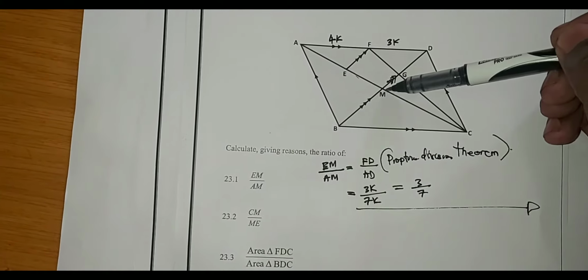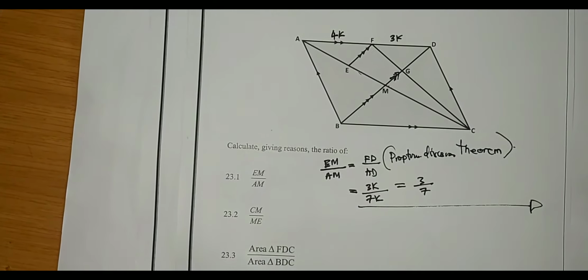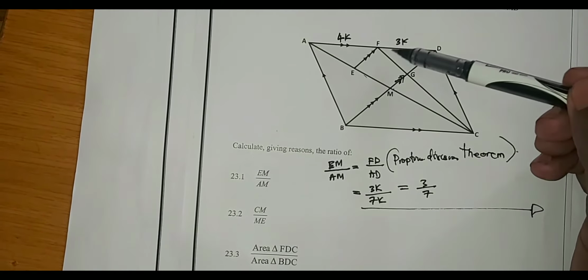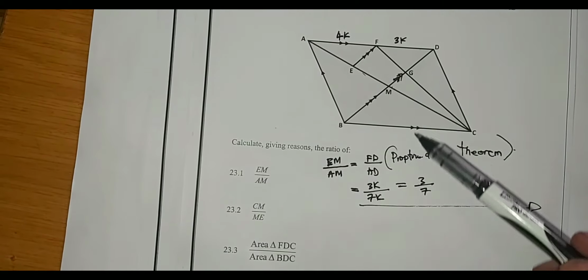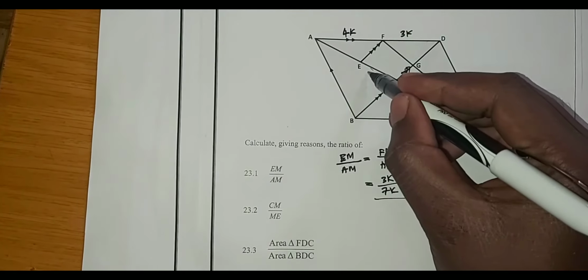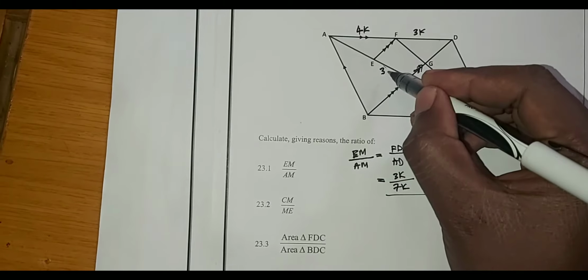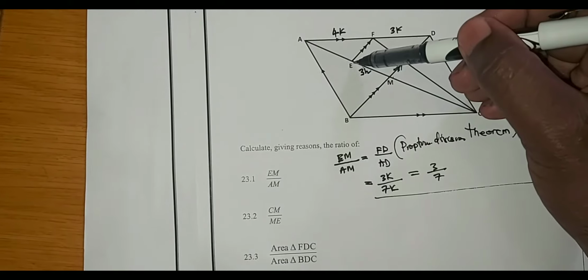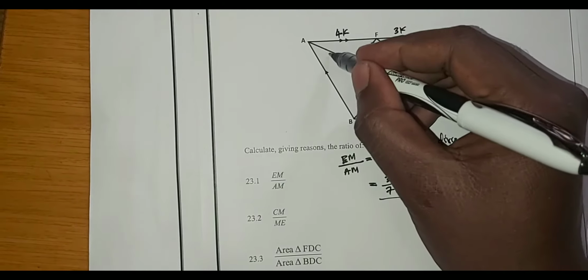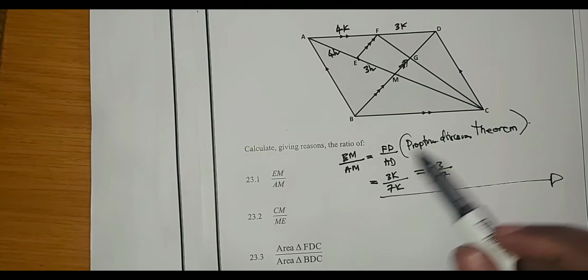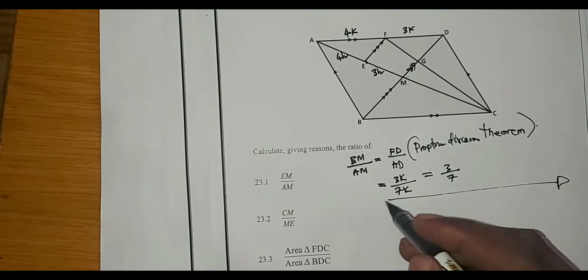CM over ME. Can you see that because of proportional division theorem, we know that this is 3. So we can put it here as 3, probably 3H, and here I'll put it as 4H. So can you see that CM, let's find CM first.